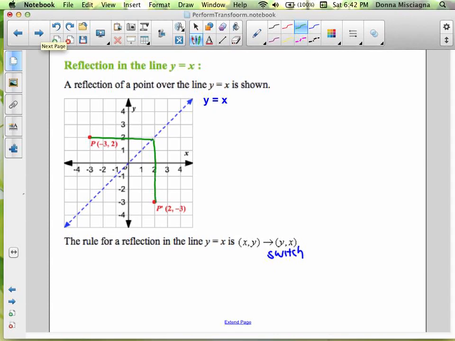Or you could go diagonal. So if I go diagonal, 1, 2, whoops, I find it harder to do that, 3, 4, 5, right? So I went diagonal. My horizontal and vertical distances switch, so x and y switch. I am going to get rid of this though. I'll leave the green up.